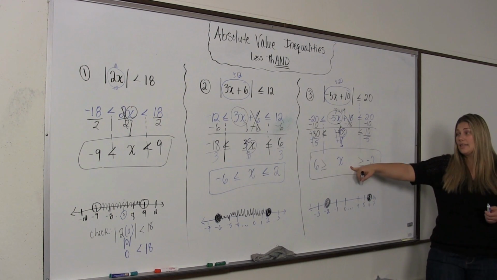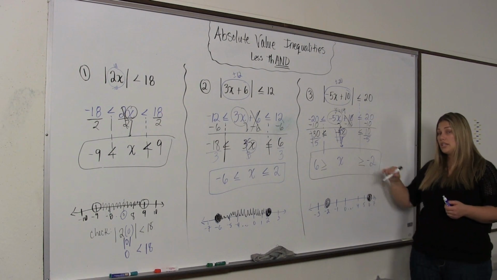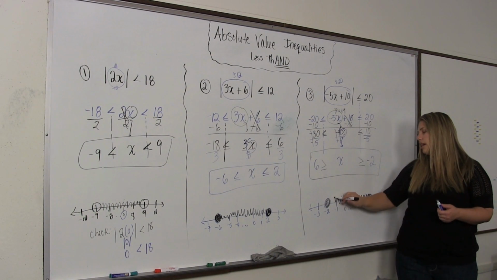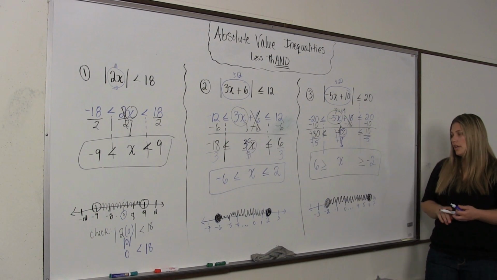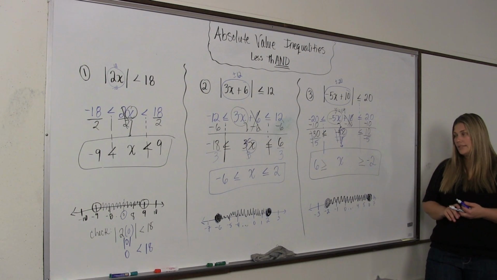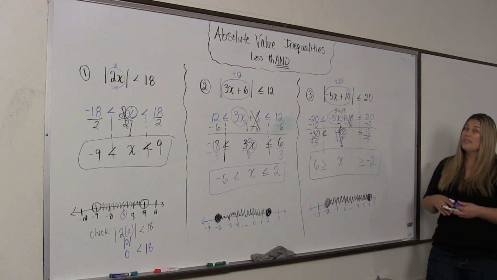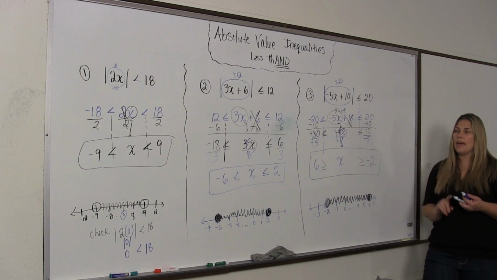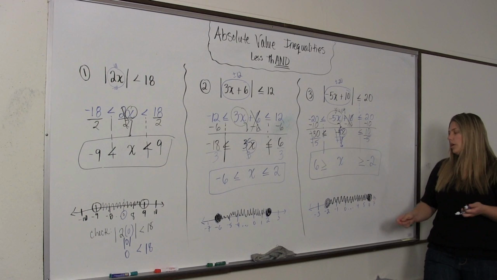Since the x is in the middle and this inequality is true, that means all the numbers in the middle of these two numbers should work. So x should be any number in between negative 2 and positive 6. Remember, if you're not sure, pick any number in between and plug it back in and it should still work.